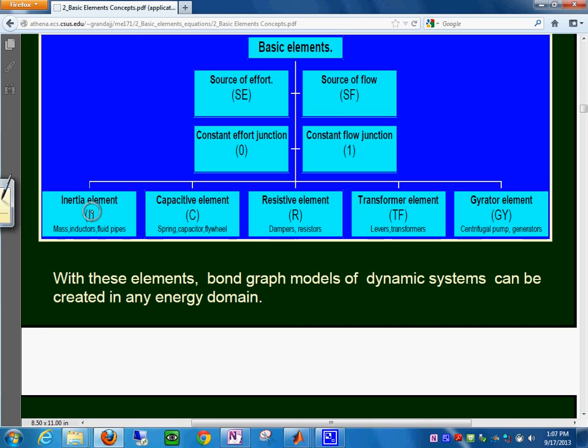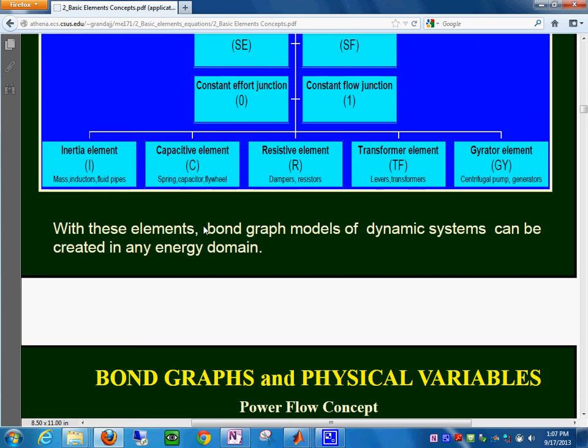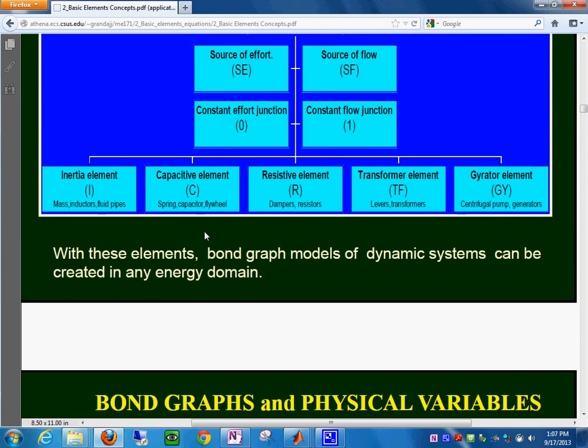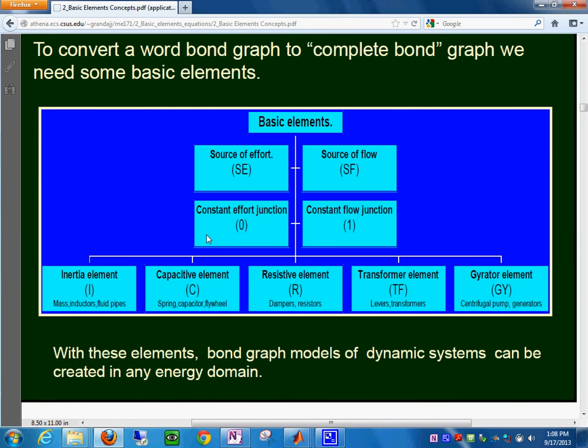Here you have the I, the C, and the R in a mechanical system or electrical system. They have the same symbol. They do different things and have different units, but they belong to the same family. So a C in a mechanical system like a spring can be compared with a capacitor in an electrical system. Okay, any questions about this?